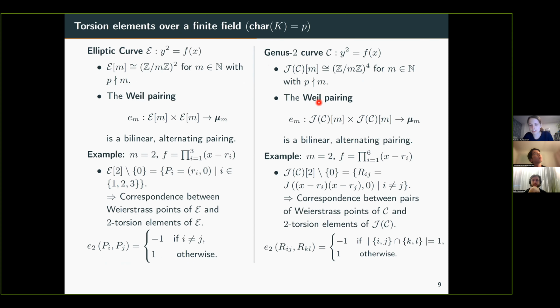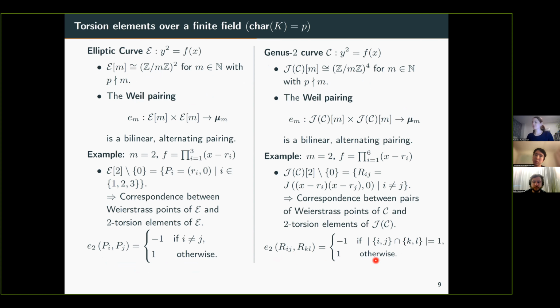If we maybe just briefly go back to the last slide, this means in the 2 torsion setting that if we want to find 2 torsion points that have trivial Weil pairing, what we do is, the first 2 torsion point will be represented by 2 Weierstrass points, and then for the second 2 torsion point, we need to choose 2 different Weierstrass points. If we do that, they have a trivial intersection, and so the Weil pairing is 1.